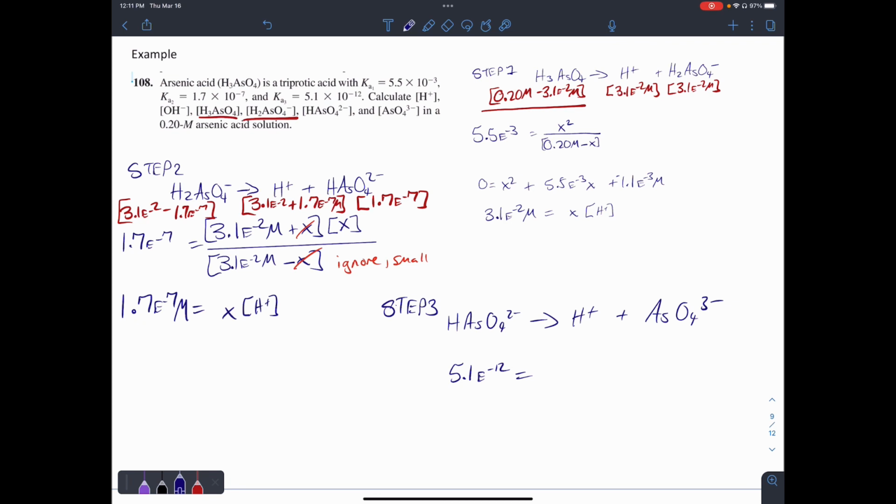We already have some hydrogen. It's whatever this number was from before. What is this number from before? Let's see if I've written it down. I didn't, so I'll put the whole thing in here. Okay, and we'll crunch the numbers later.